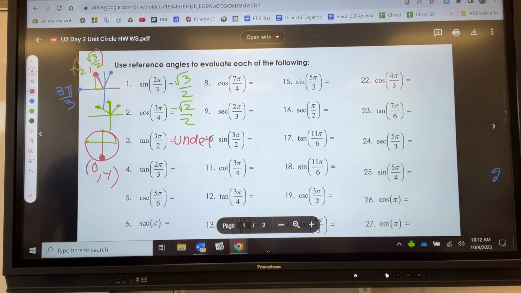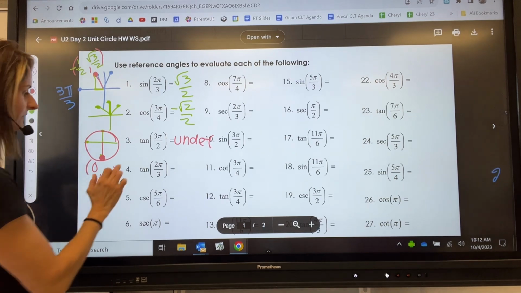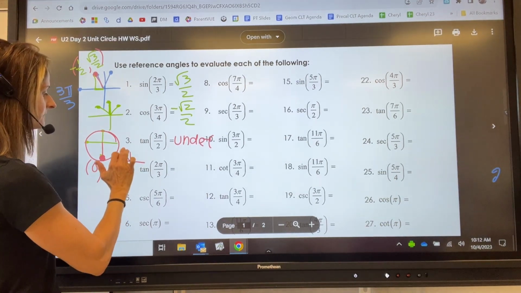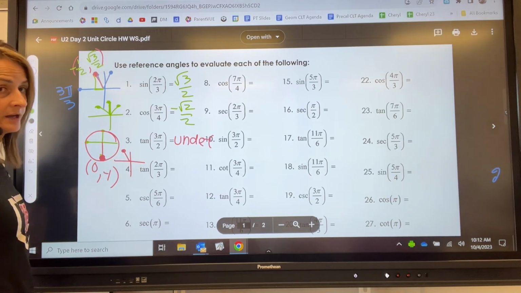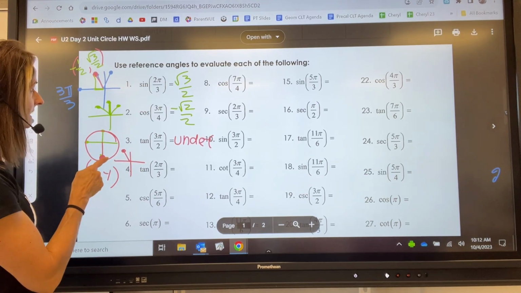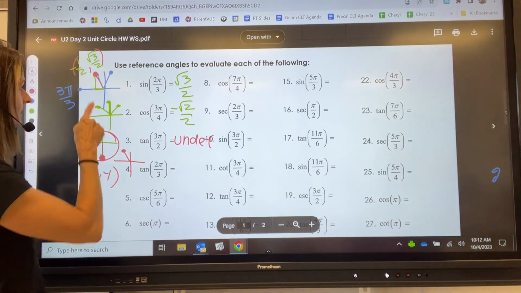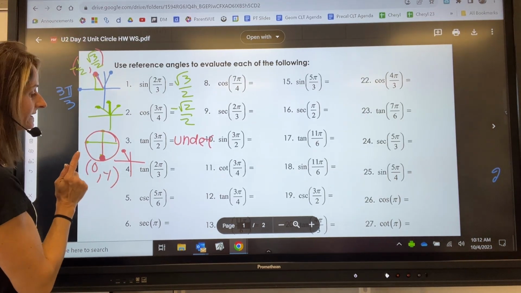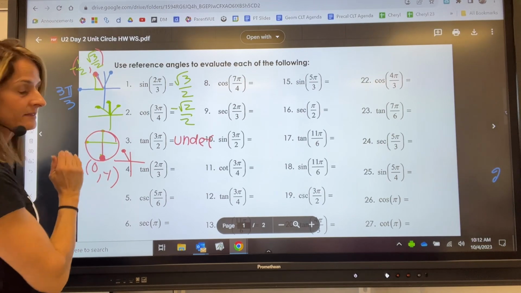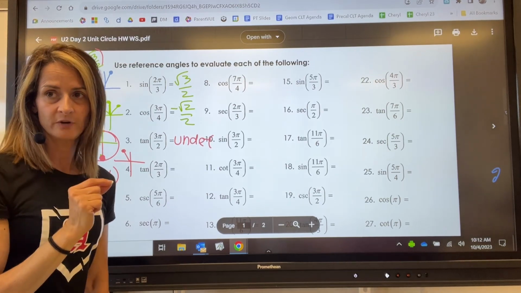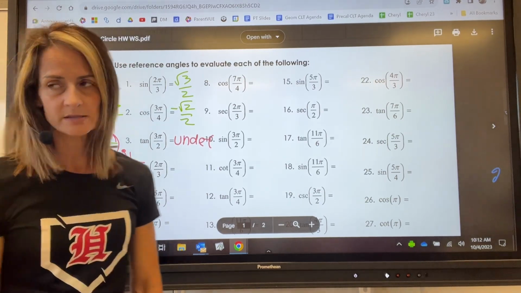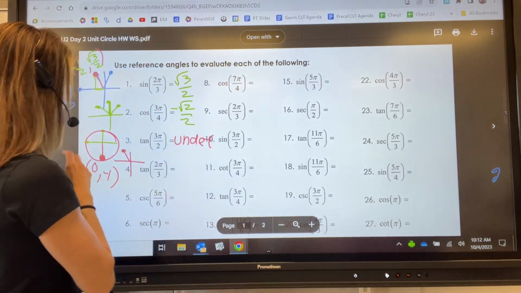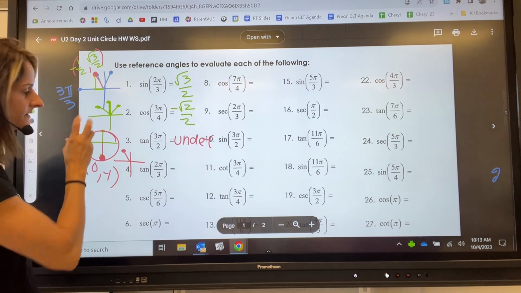Okay? 2 pi over 3. Tall angle, second quadrant. Now this is one of the ones that I had you memorize. Remember, we were dealing with this angle up here. This is going to be y over x. We know it's going to be negative because the x and the y signs are different. So whether you put a negative over a positive or a positive over a negative, the tangent is going to be negative.